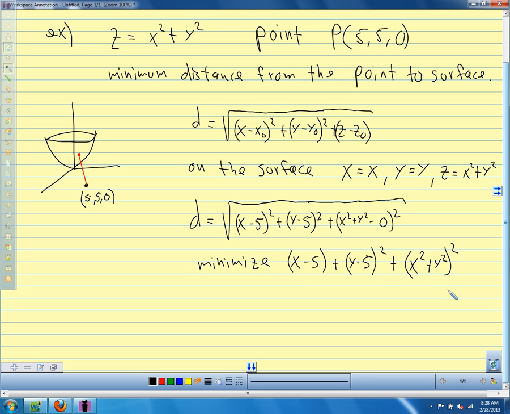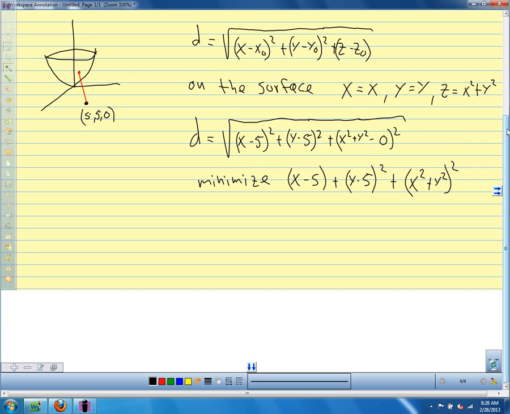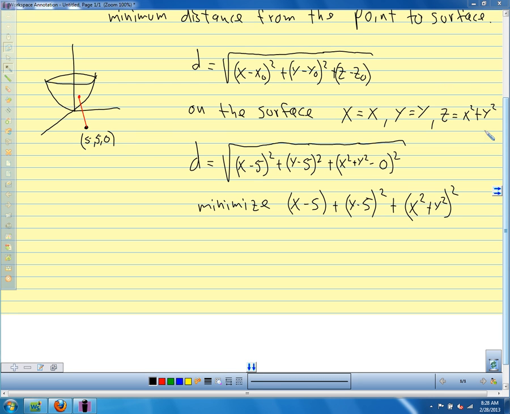So we're going to apply our methods for minimizing this function. We're going to find our first partials with respect to x and with respect to y, and see where those are 0 simultaneously.